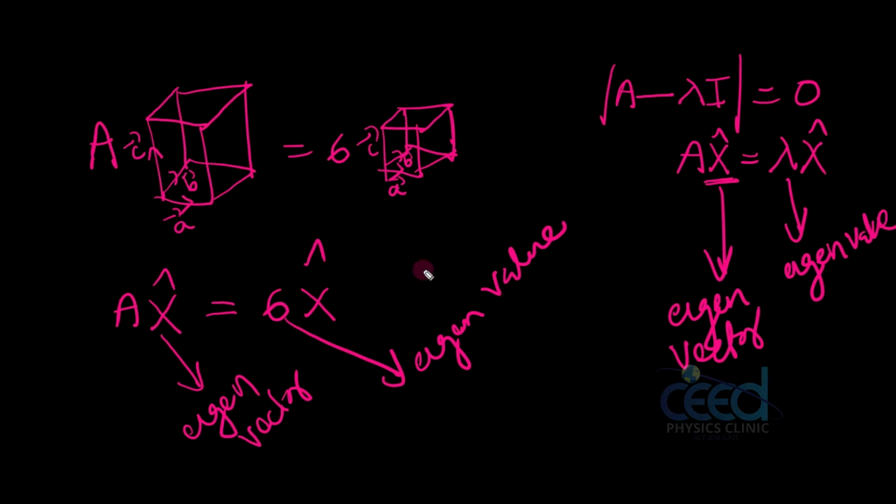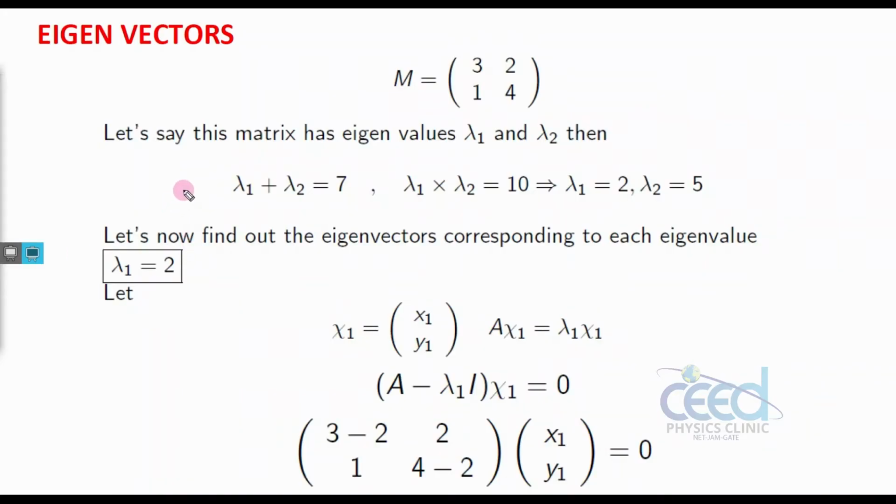So let us come to the main screen. We know how to find the eigenvalue, so using eigenvalues, how can we find the eigenvectors? Suppose you have a matrix M: 3 2 1 4. What is the sum of eigenvalues?